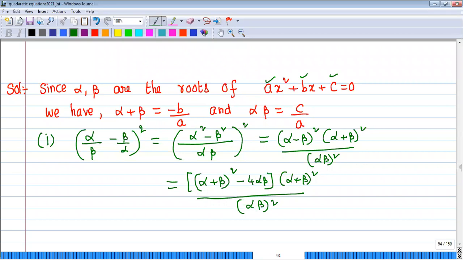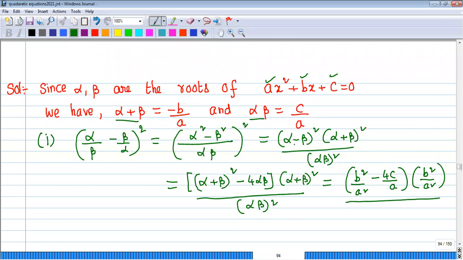It's very simple. In the place of alpha plus beta, substitute minus b upon a, and in the place of alpha beta, c upon a. So you will be getting alpha plus beta as minus b by a whole square. Directly I am writing b square upon a square minus 4c upon a, multiplied by alpha plus beta whole square, that is also b square by a square, upon alpha beta whole square, that is c square by a square.